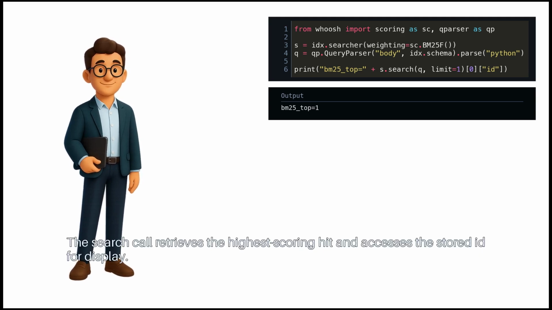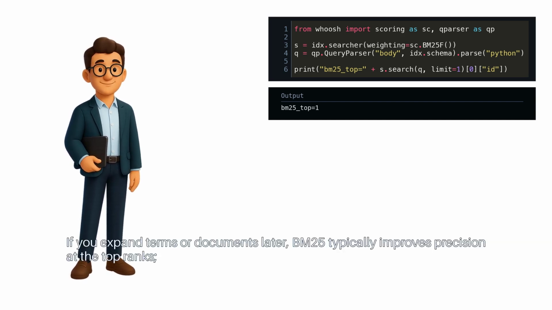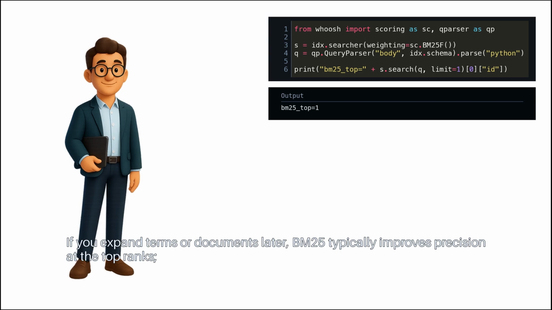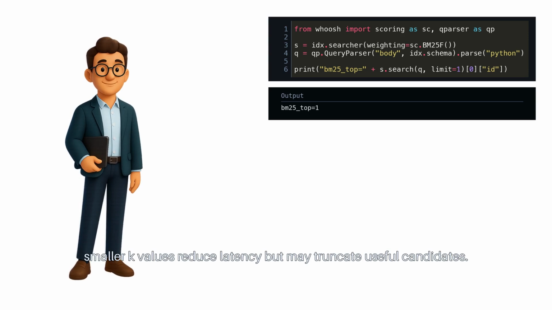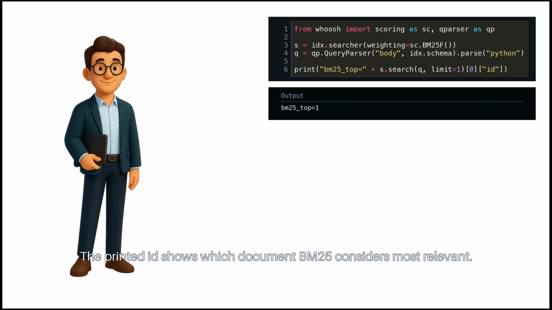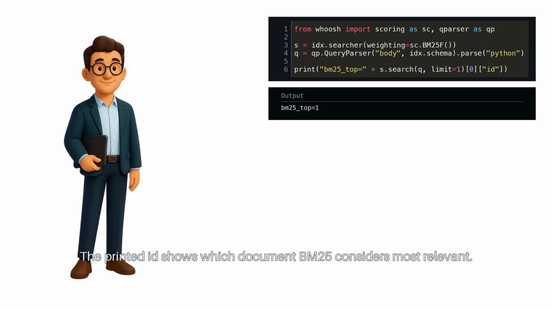The search call retrieves the highest scoring hit and accesses the stored ID for display. If you expand terms or documents later, BM25 typically improves precision at the top ranks. Smaller K values reduce latency, but may truncate useful candidates. The printed ID shows which document BM25 considers most relevant.